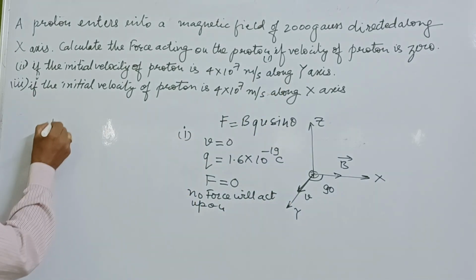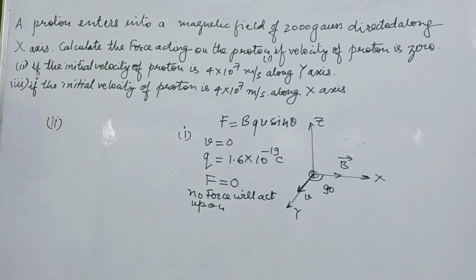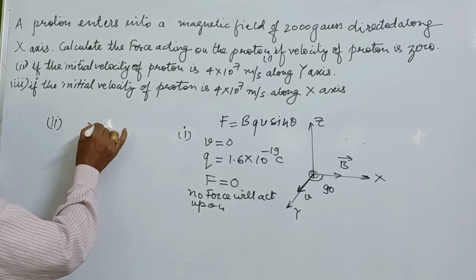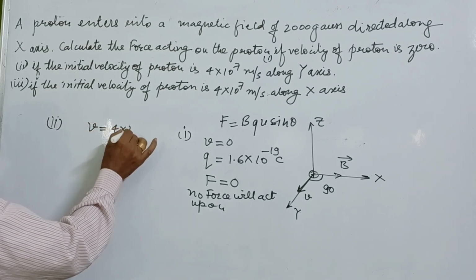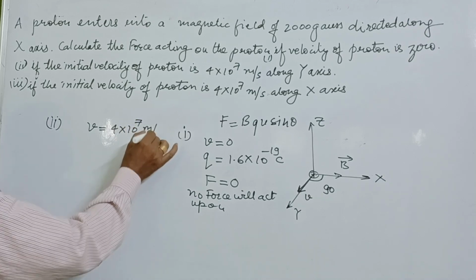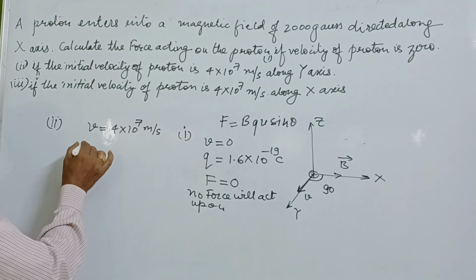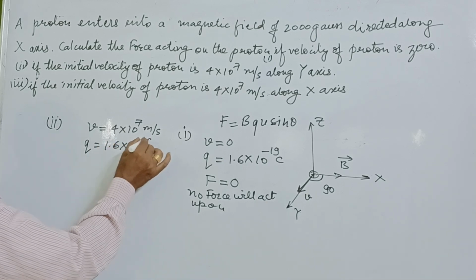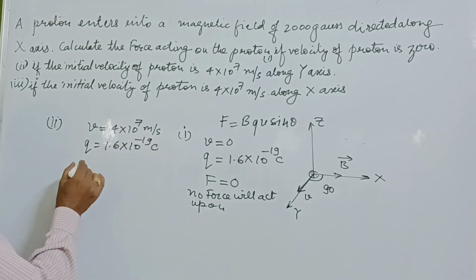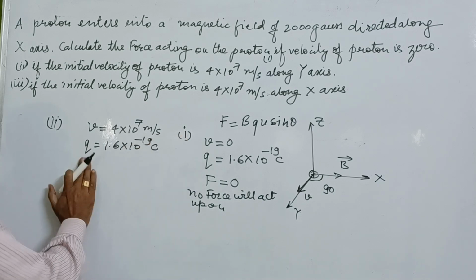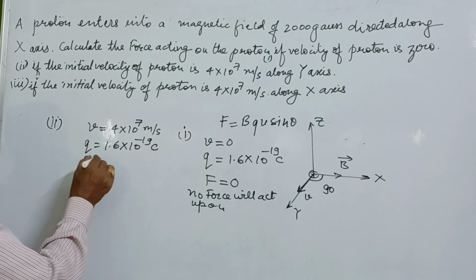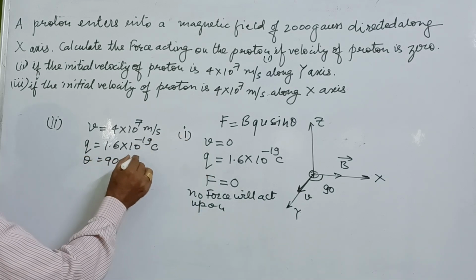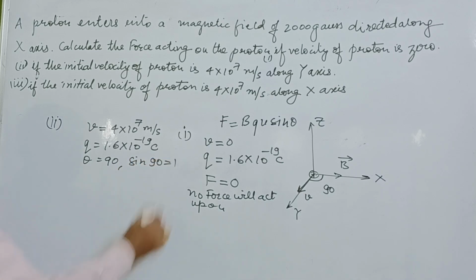So in the second part, the velocity is 4 into 10 raised to the power 7 meter per second, the charge q is 1.6 into 10 raised to the power minus 19 coulomb, theta is 90 degrees, and sin 90 is 1.